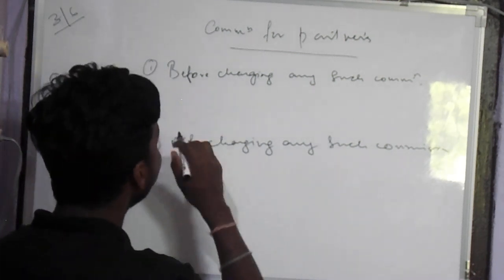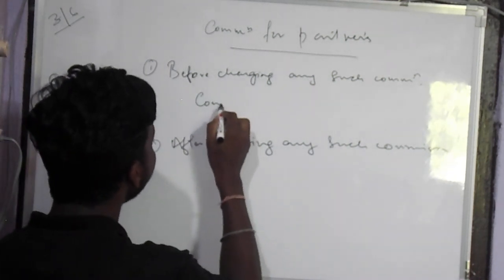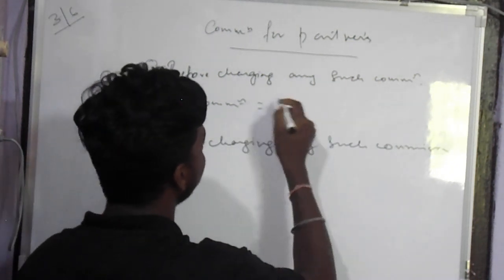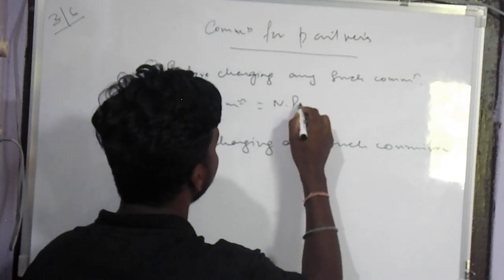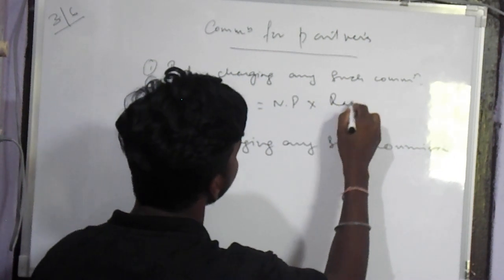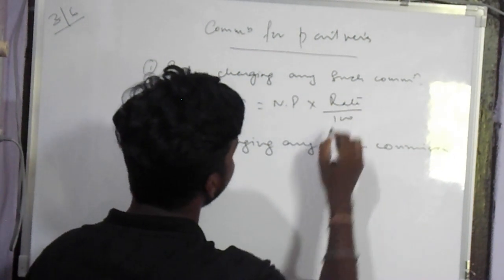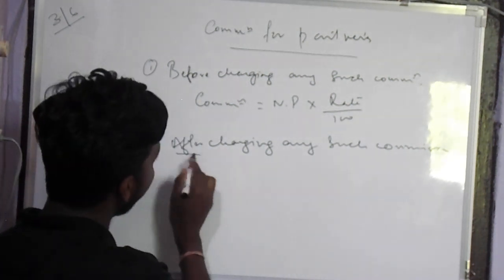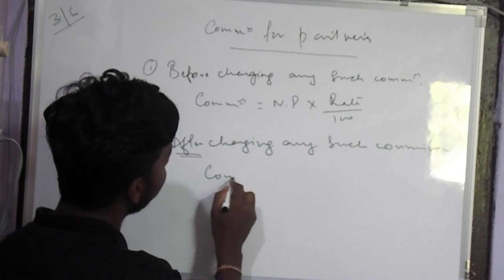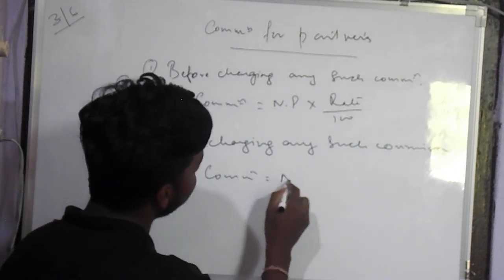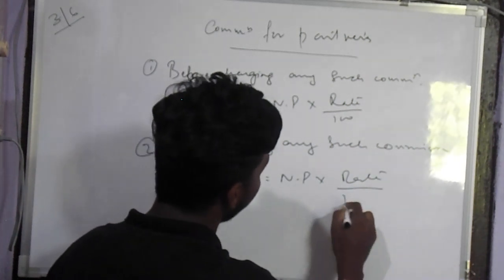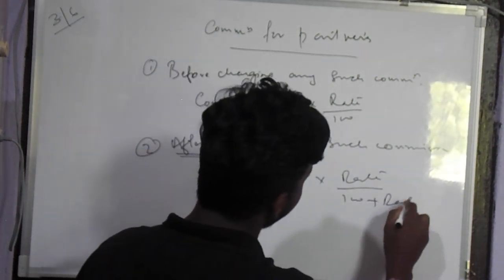Okay, so how will we calculate? Commission will be calculated as net profit into rate by 100. Okay, and in case it is after charging any such commission, the commission will be calculated as net profit into rate by 100 plus rate.